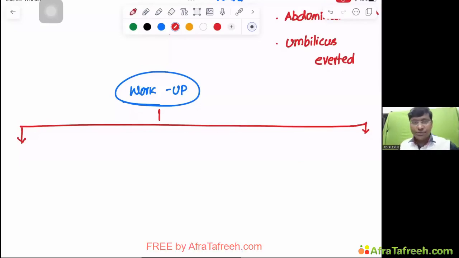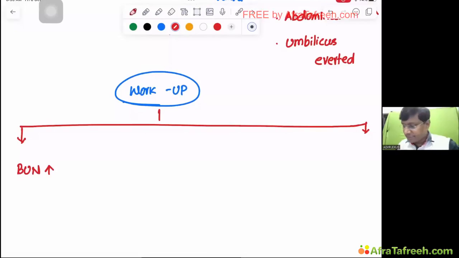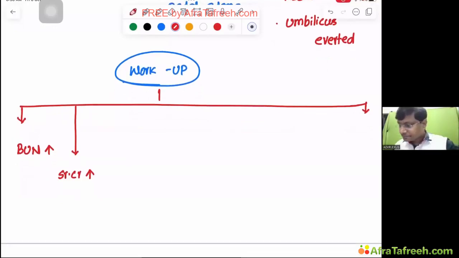Similarly, you need to know the workup in minimal change disease as well. Because of the renal impairment, the blood urea nitrogen levels are elevated. And at the same time, what will happen to the serum creatinine? The serum creatinine is also increased because of the renal impairment.